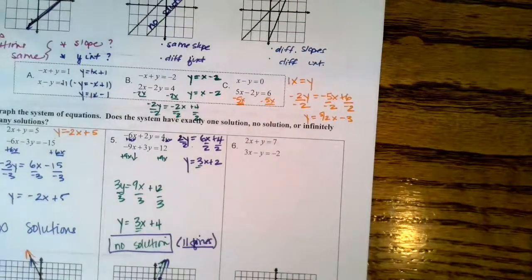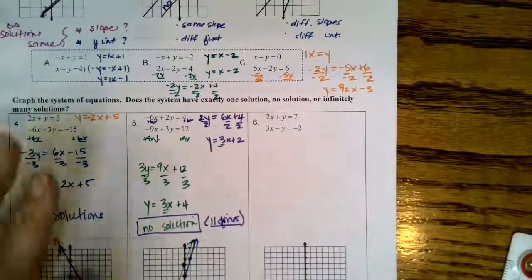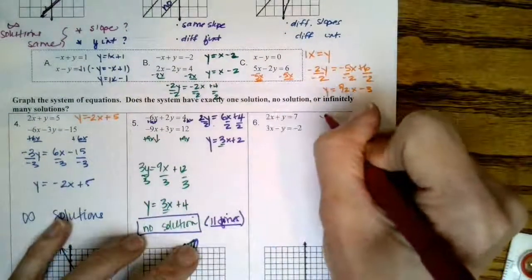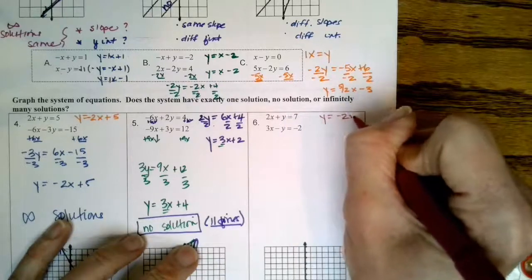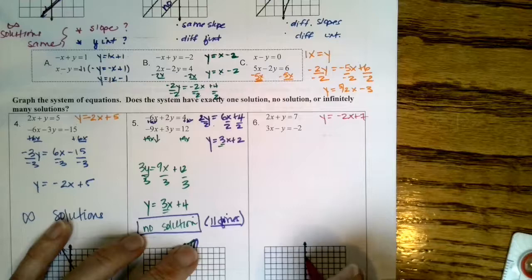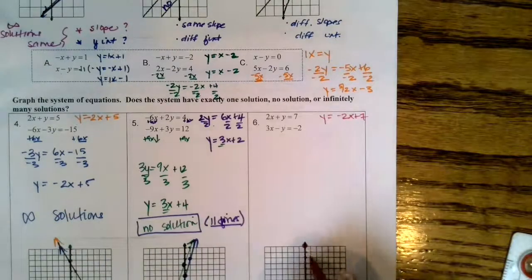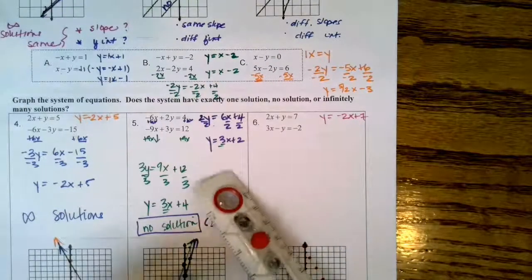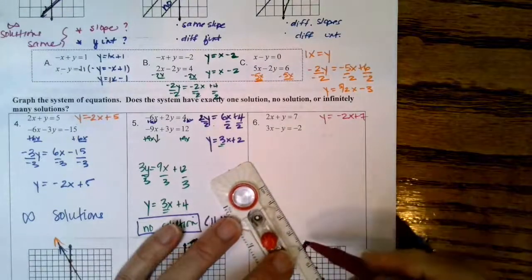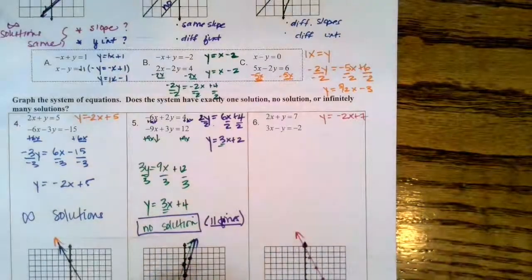I'm predicting this one has a solution, but we'll go ahead and see. All right. Subtract 2x from each side, and I get y is equal to negative 2x plus 7. 1, 2, 3, 4, 5, 6, 7 is my intercept, and a slope of negative 2, which gives me a line like that.